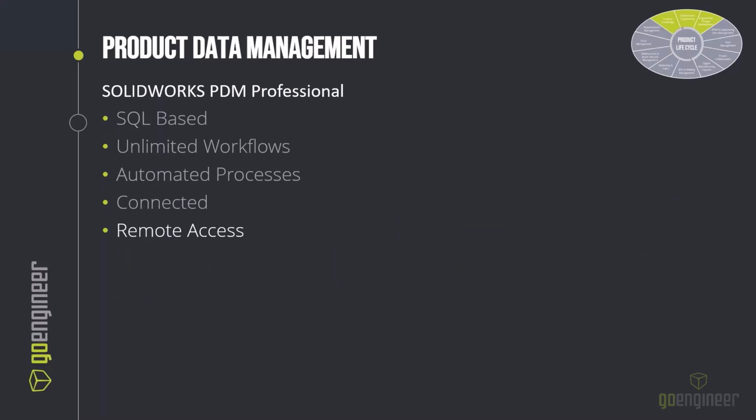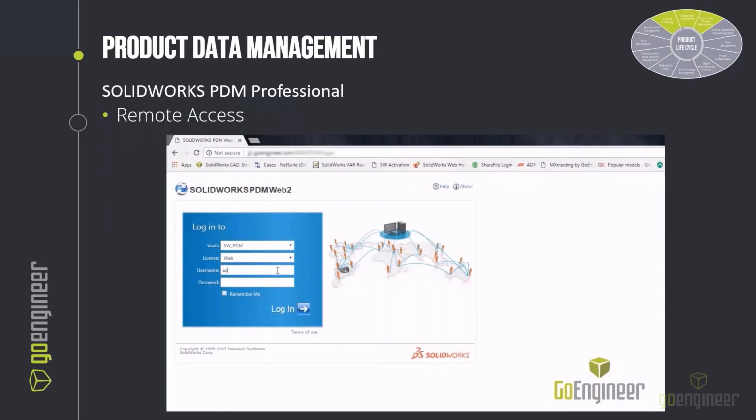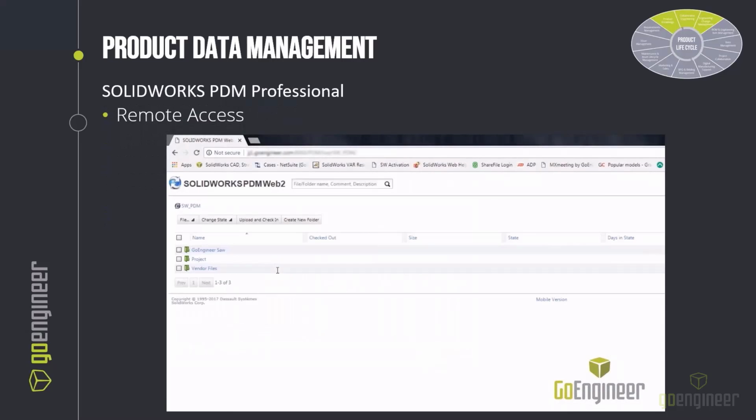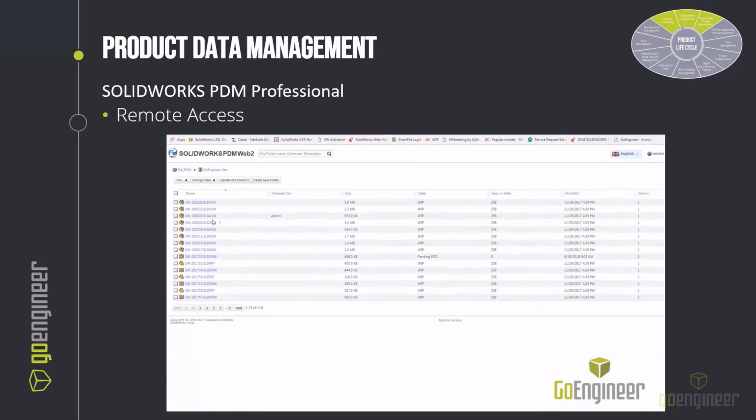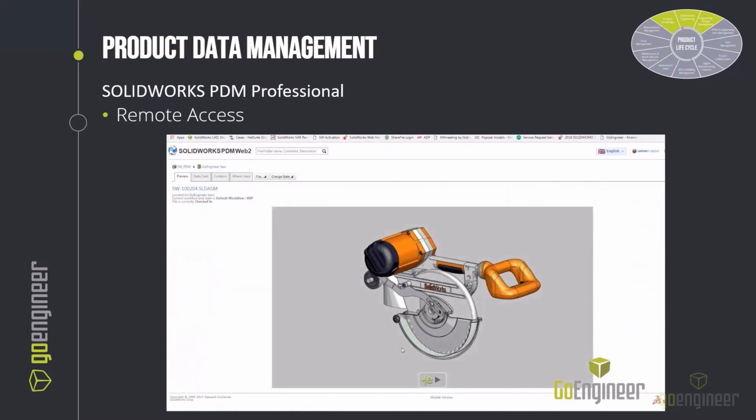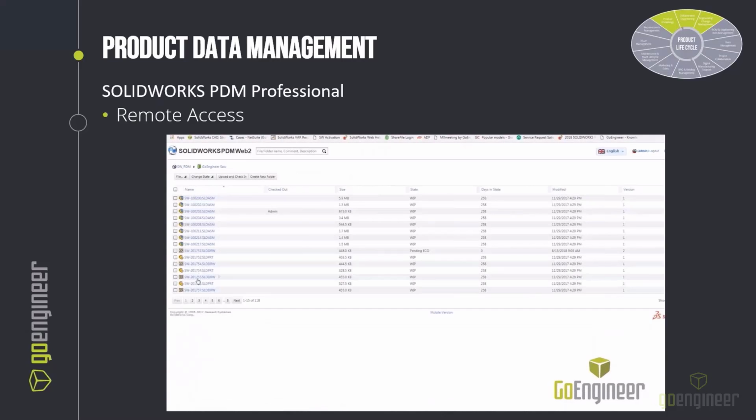And the systems aren't all that needs to be connected. You need connection to the data while away from the office. PDM Pro allows remote access to the vault through the Web2 interface from any system that has an internet connection.